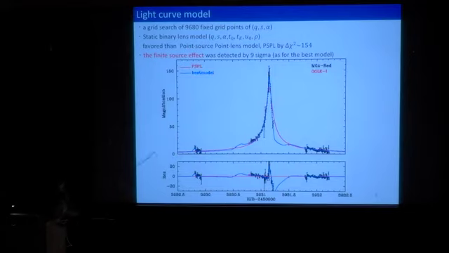After the grid search, we find that the static binary lens model is favored over the single lens model. The red line shows the single lens model, and the blue line shows the static binary model. Thanks to its high magnification, we can detect the finite source effect.